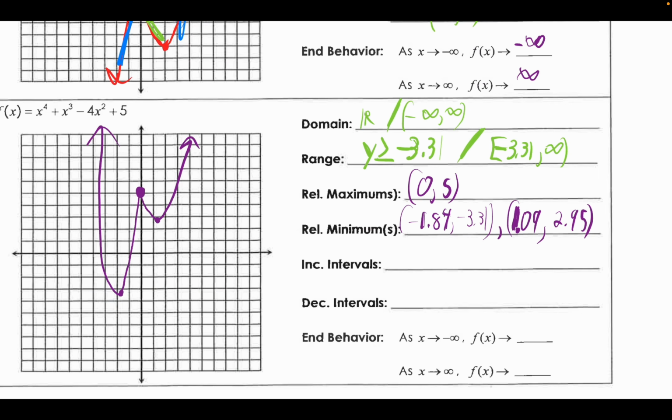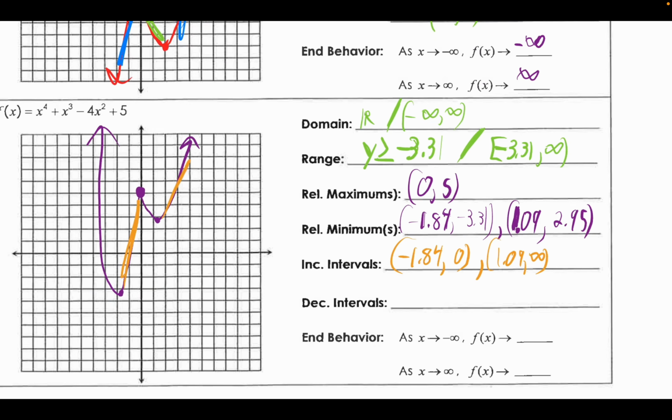Then we can have our increasing intervals, which would be these two. And so that would be from negative 1.84 in the x value to the x value of 0, as well as the x value of 1.09 to infinity.